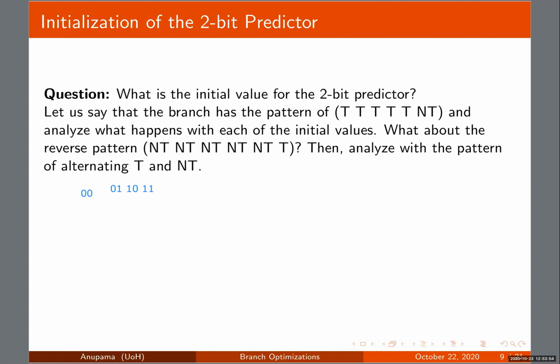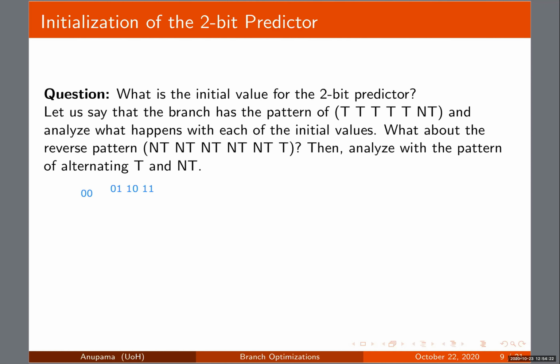The reverse pattern will be the same, right? In the sense that if you start with 0, 0, there is no problem. But if you start with 1, 1, what happens? You'll have the problem, right? If you start with 0, 0 for NT, then there will be no mispredictions except at the end.